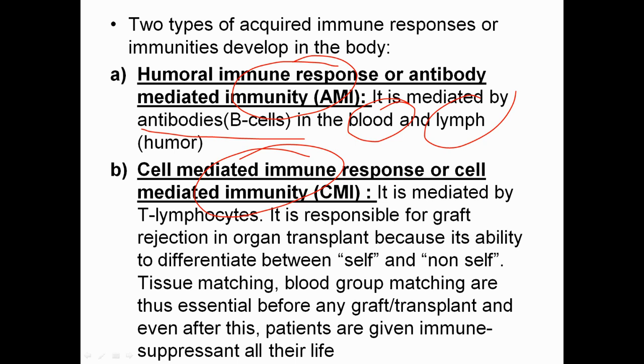That type of response is mediated by T lymphocytes. In graft rejection cases, we have to use immunosuppressants. Why do we have to use them? Because we want to suppress our own immunity. We don't want our immunity to work on the graft we have placed inside the human body.